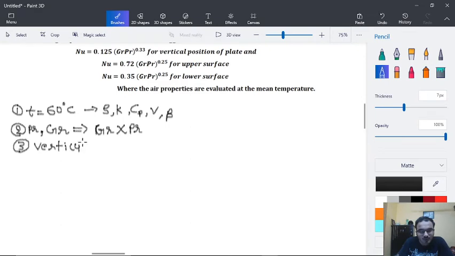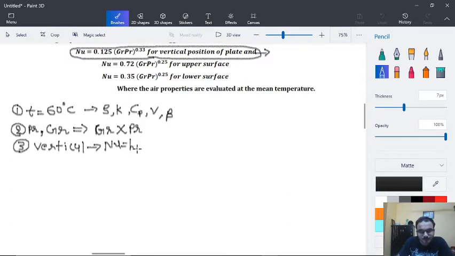So obviously we are going to utilize this correlation, and as we have already obtained Gr Pr, we will get the value of Nu. Once we get Nu, as you recall, it is hL by k, so we can obtain the value of h, and once we get the value of h, we can obtain the value of Q, that is hAΔT. So this is the first way.